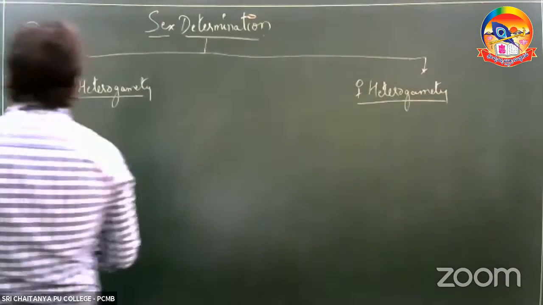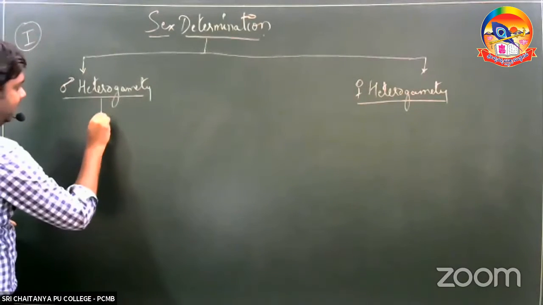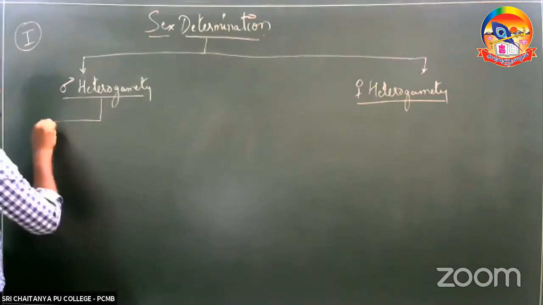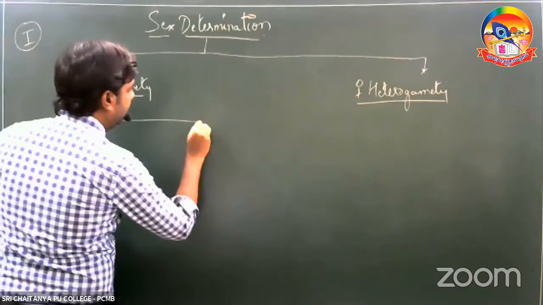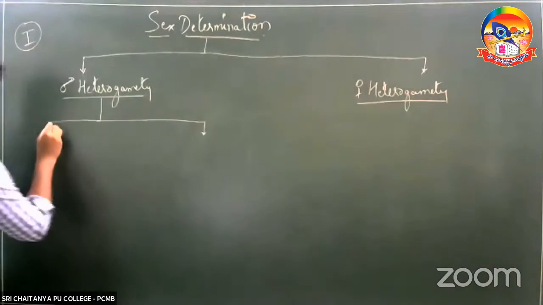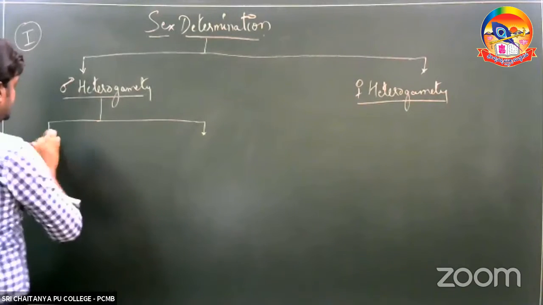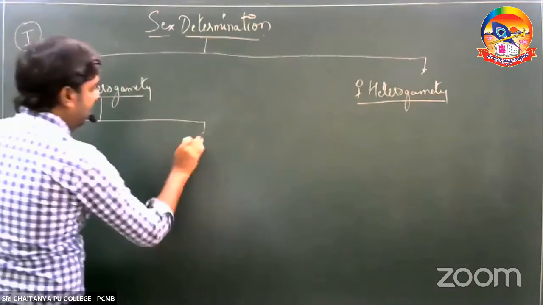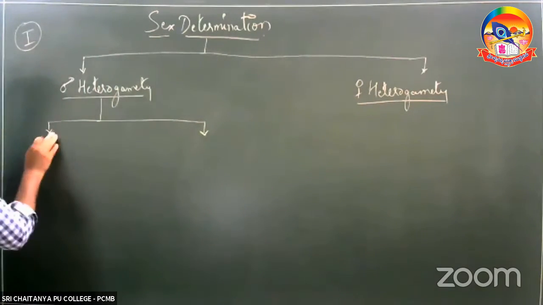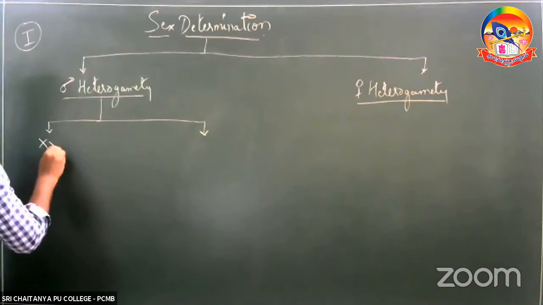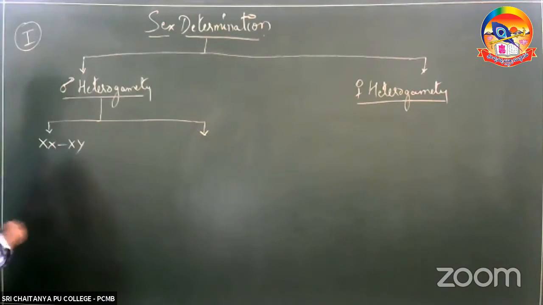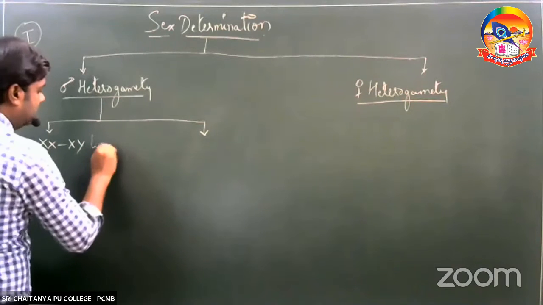Now, under this male heterogamety, again, we can have two different classes, right? Under male heterogamety, we'll be having two different classes again. One type of sex determination under male heterogamety would be termed as XX and XY type of sex determination. So this is the first type what we'll be taking up.